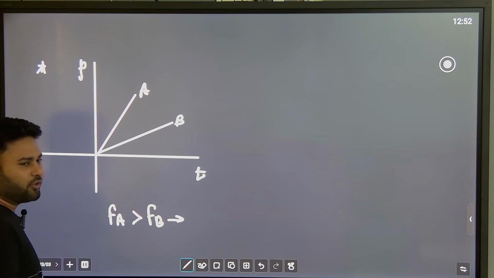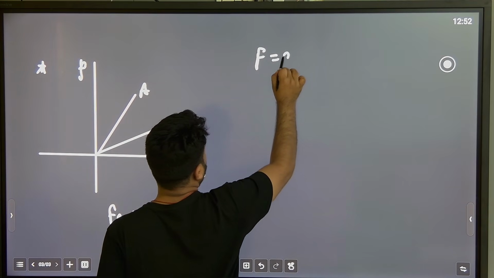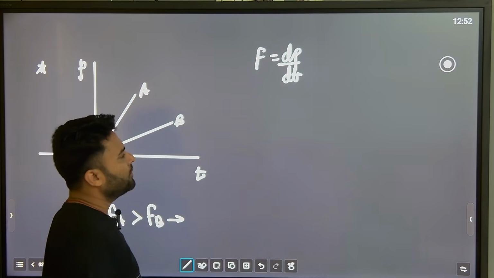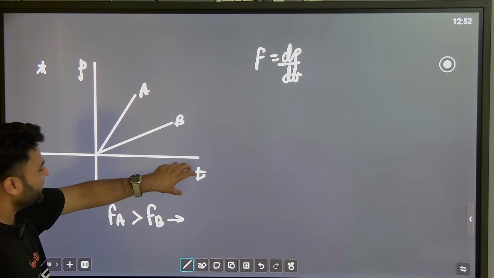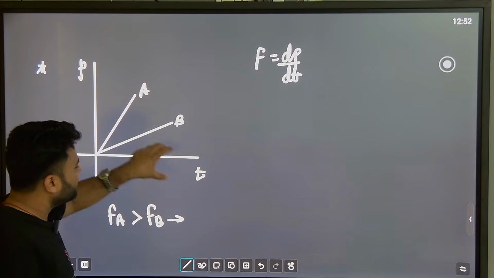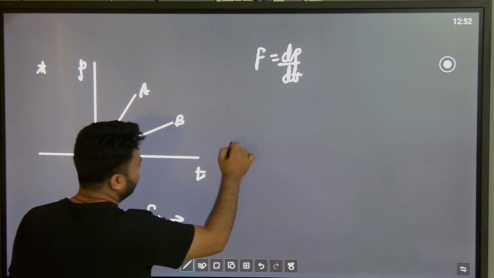Now we know that force equals dP by dt. If this is a y versus x graph, what is dy by dx? Slope. So if it is a P versus T graph, what will be the slope? dP by dt.